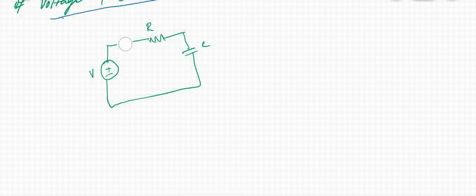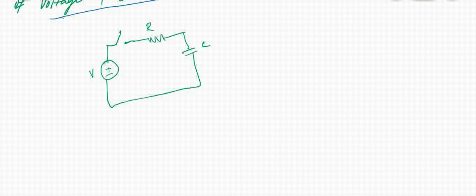The resistor is indicated like this. The switch is indicated like this. If the switch is closed, then only the input voltage is fed to this branch. If the switch is open, then the voltage source is removed from the circuit.